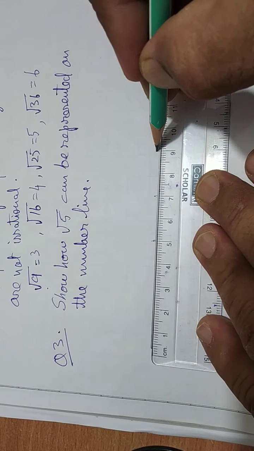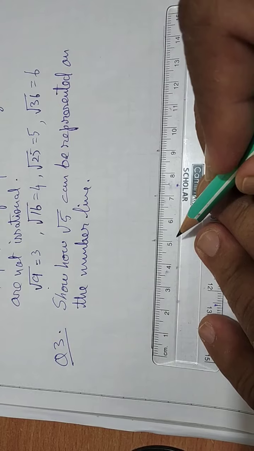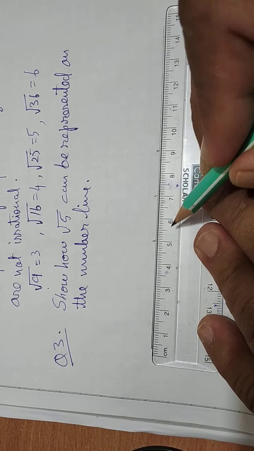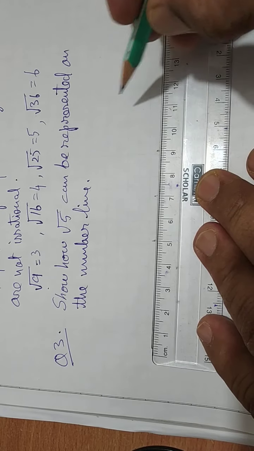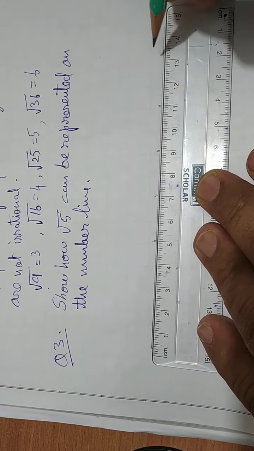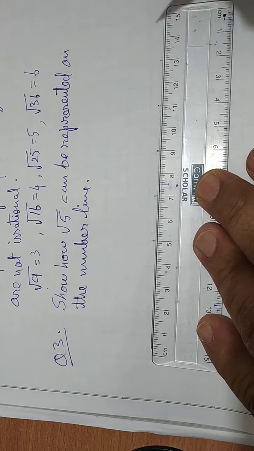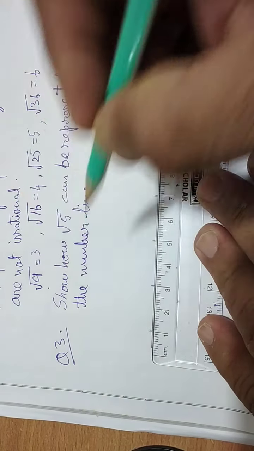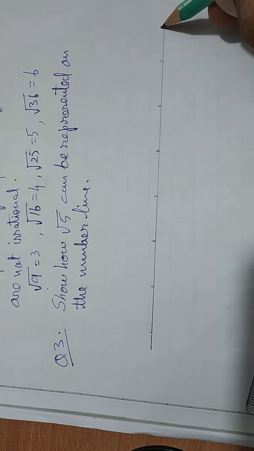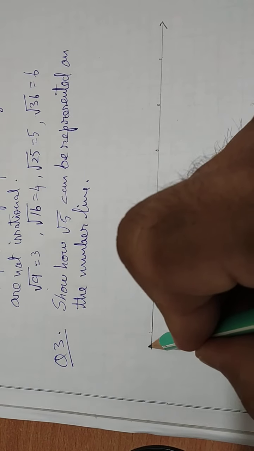It's not necessary that you draw a number line in which every point is at a distance of 1 centimeter. You can take a distance of 2 centimeters to mark every point. It will be comfortable to represent root 5.